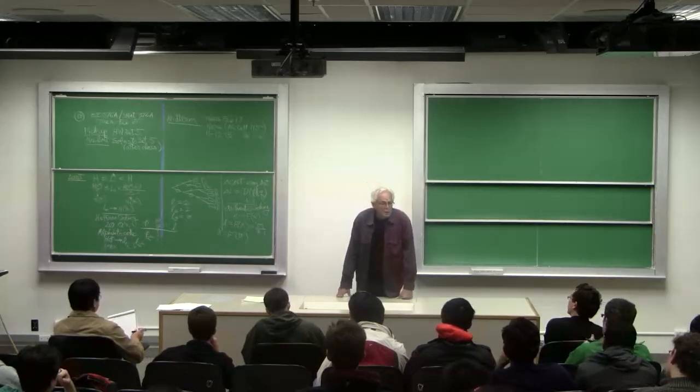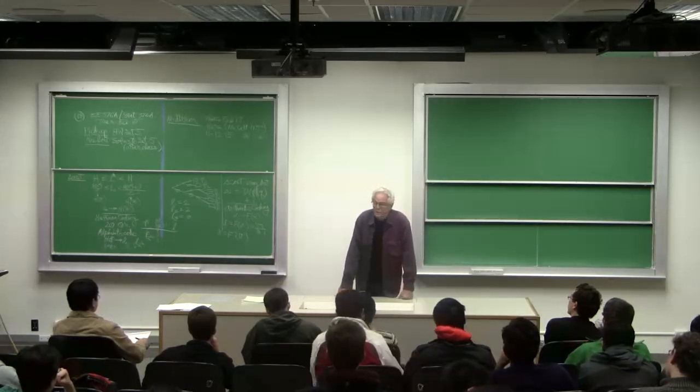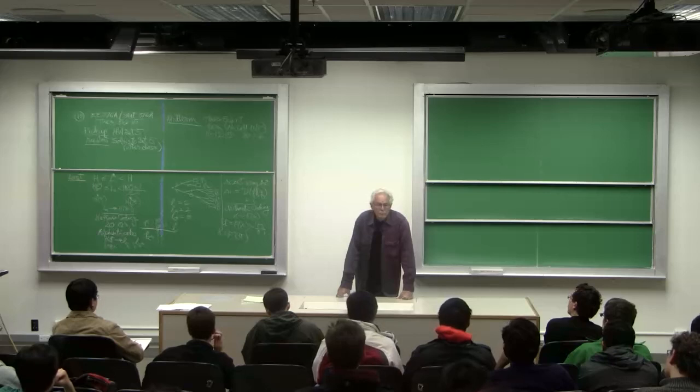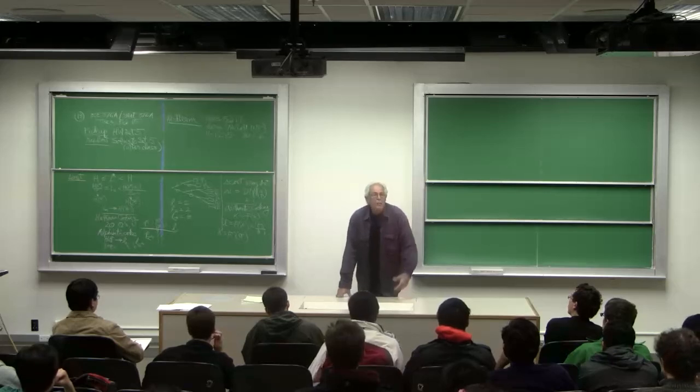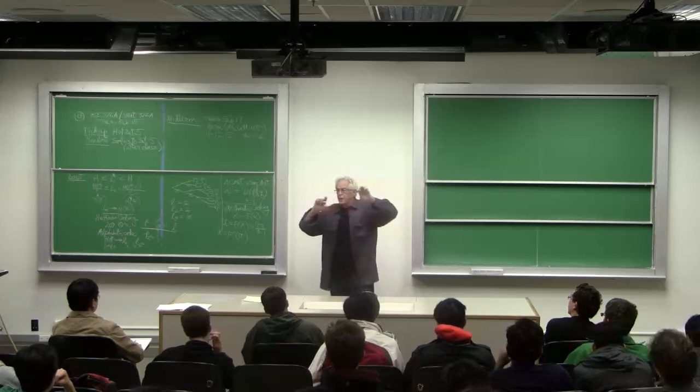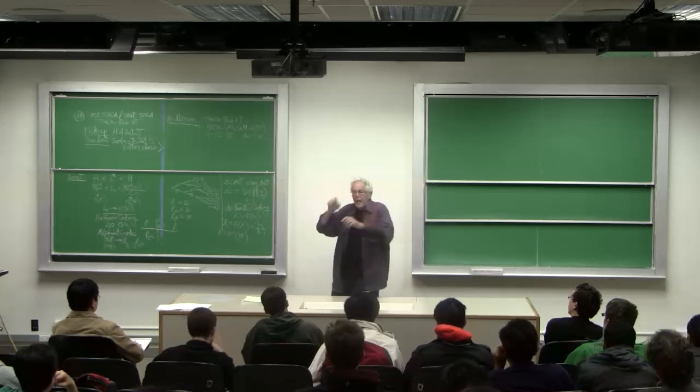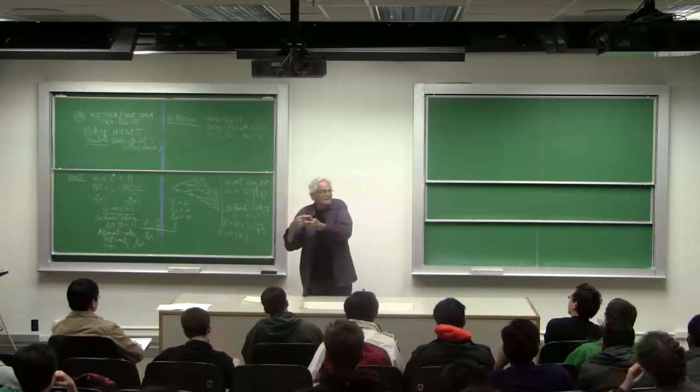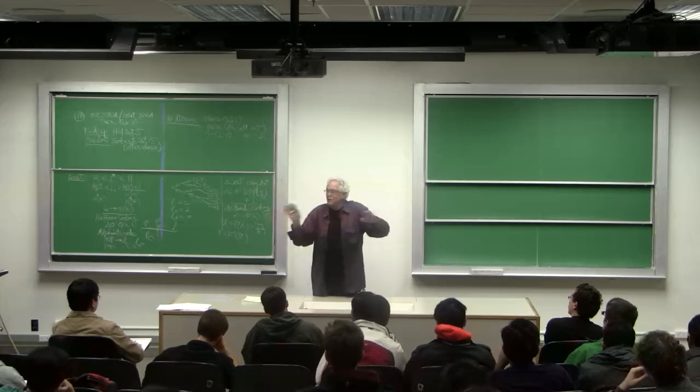Say I wanted to do the data compression on an image. Well, then I just use my best predictor. It has p hat of the next gray level, given everything I've seen before.